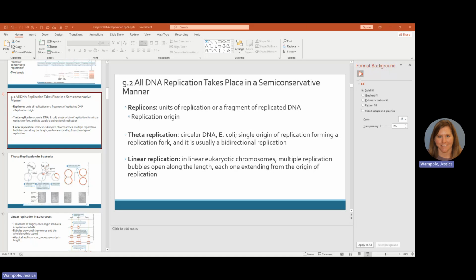The gist of DNA replication is that the parent strands are going to pull apart.